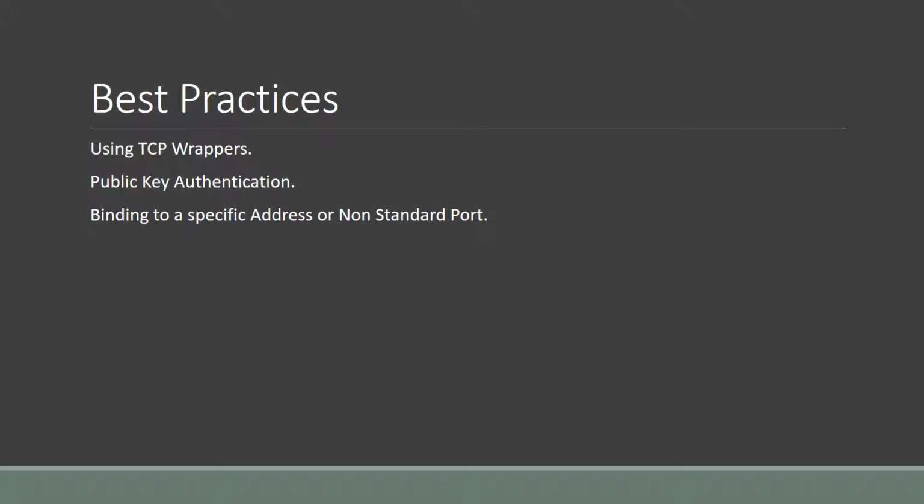OpenSSH will bind to every available network address. While being convenient and suitable for most installations, if your machine has two interfaces, one trusted and one untrusted, you don't want SSH access coming in on the untrusted interface.